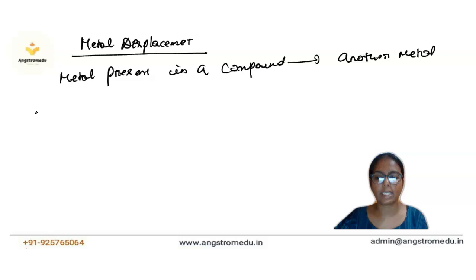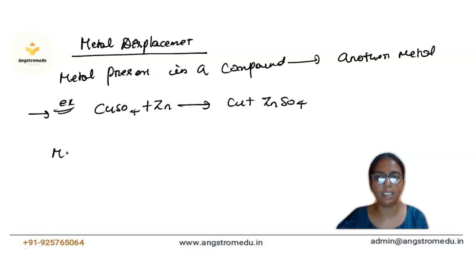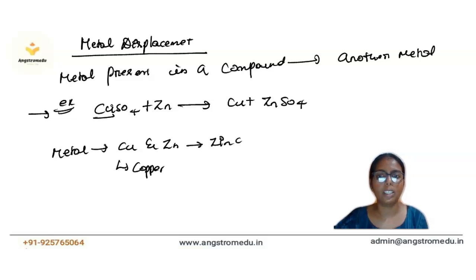If we consider the example, let's consider copper sulfate, CuSO4. This reacts with zinc. So it will produce copper plus ZnSO4. Here the metals are Cu and Zn. Cu is copper, and Zn is zinc. So here the copper is displaced by the zinc.